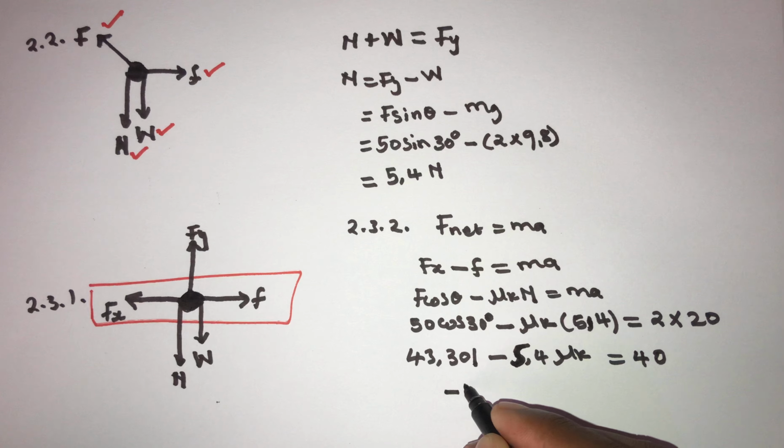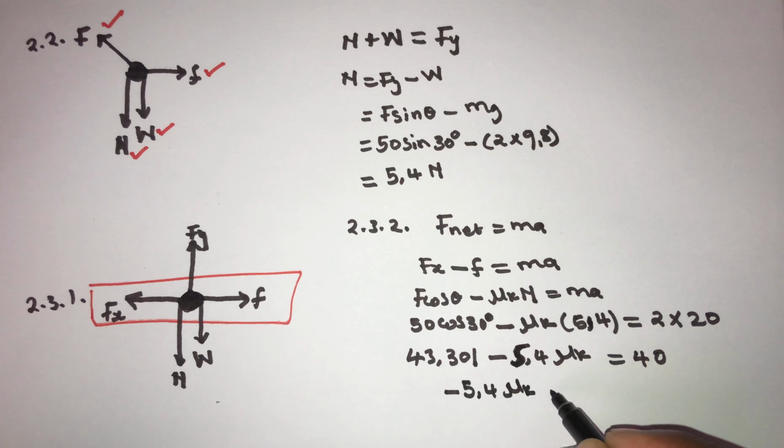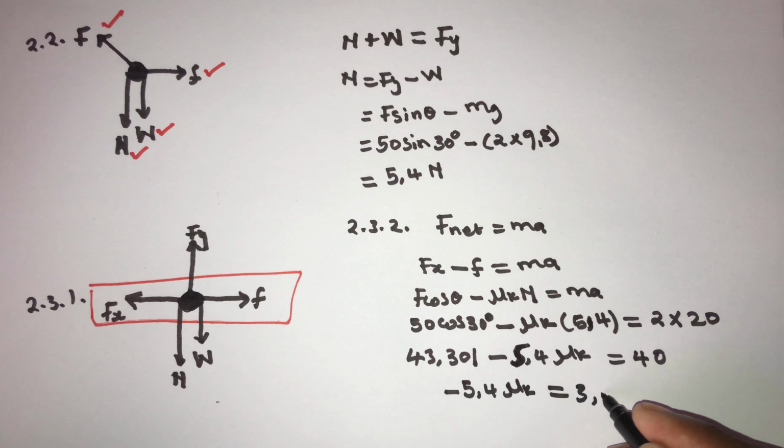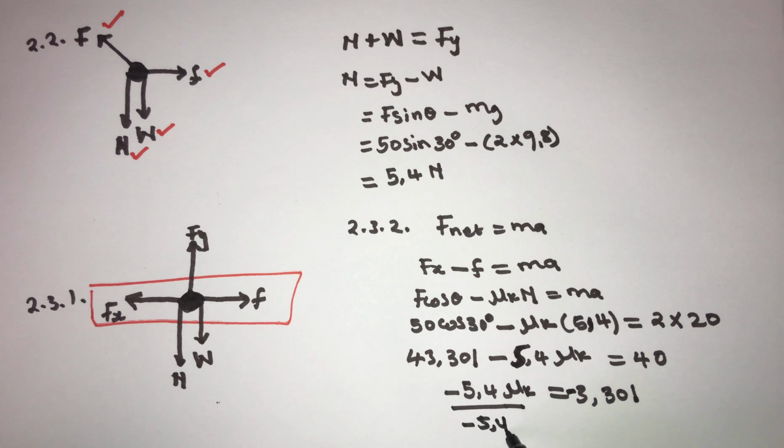Then we'll be having negative 5.4 times the coefficient of kinetic friction equals 40 minus 43.301, that is negative 3.301. So from here, it was negative. And then we're going to divide by negative 5.4.